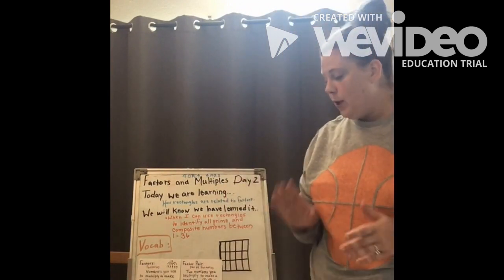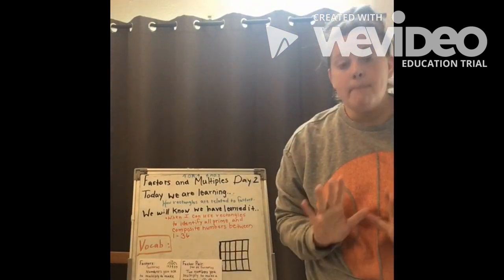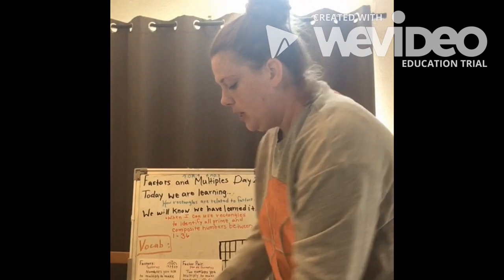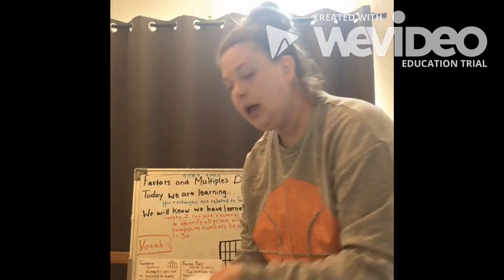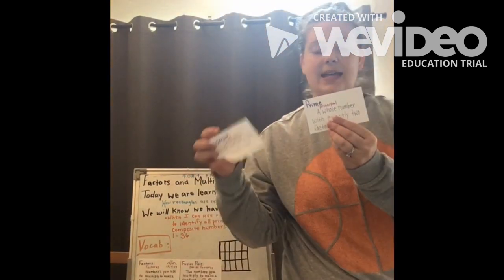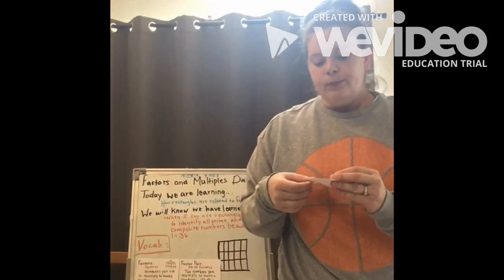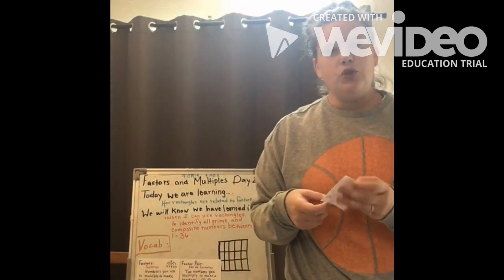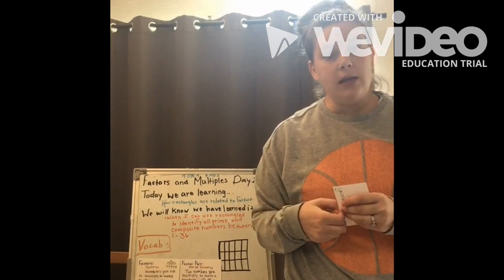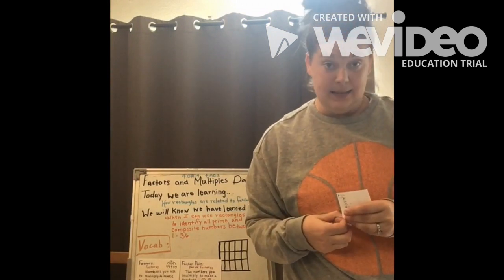Now, for today, our most important vocabulary words are going to be prime and composite. The reason that these are important is because they're kind of interesting English words that we don't use a lot in math, but are important to understand.